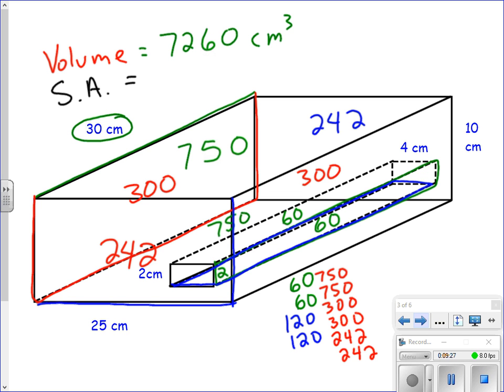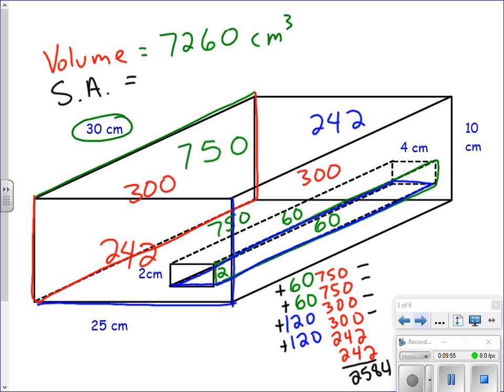So that's 750, 750, that's 1,500. Plus 600, that's 2,100 so far. Plus 242 and 242, that's 2,584, which is all the outside of the box, plus 60, 60, 120, and 120.